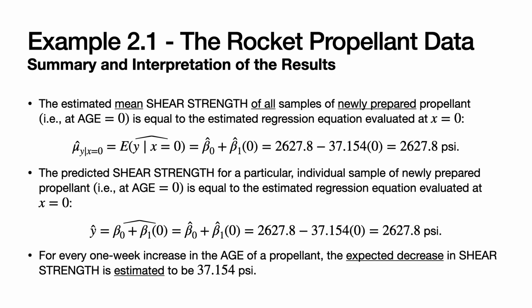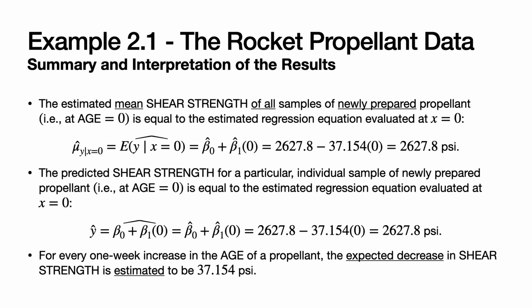That is, mu hat sub y given x, where x is equal to 0, is equal to the estimate of the expected value of y given x equal to 0, and that is equal to beta 0 hat plus beta 1 hat times 0, which is 2627.8 psi. So that 2627.8 psi is the estimated mean shear strength of all samples of newly prepared propellant.